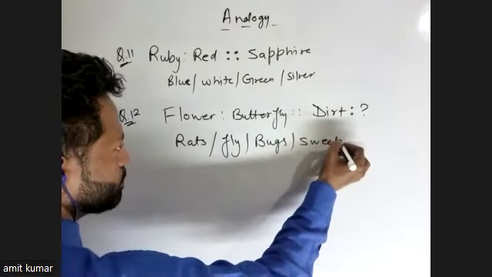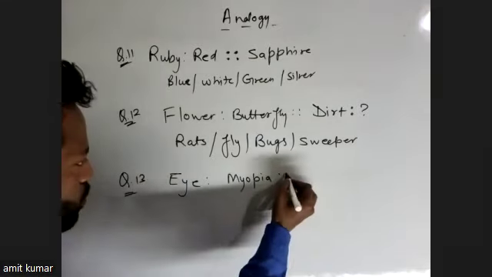Question number 13. Eye is related to myopia. Teeth is related to what?